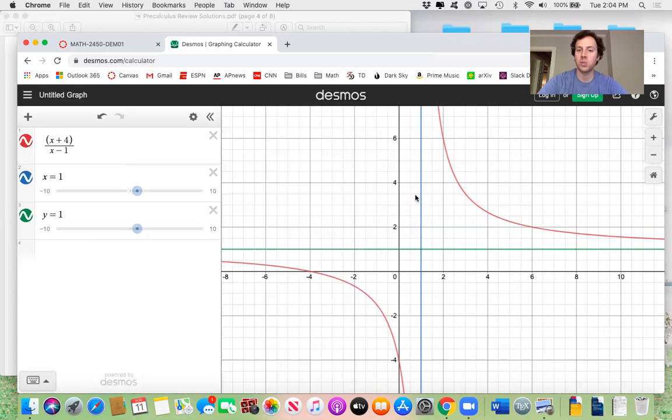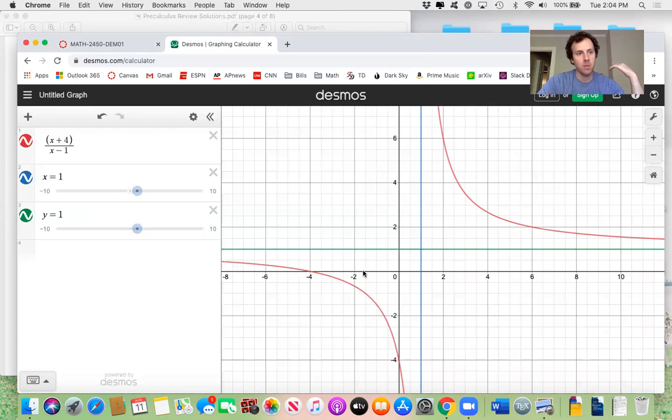That's the only place where this graph crosses the x-axis. So a lot of these questions about the graph, a good way to test that these different ideas fit together in the right way is either do them algebraically and then look at the graph and see that the answer you got matches up with what the graph looks like.